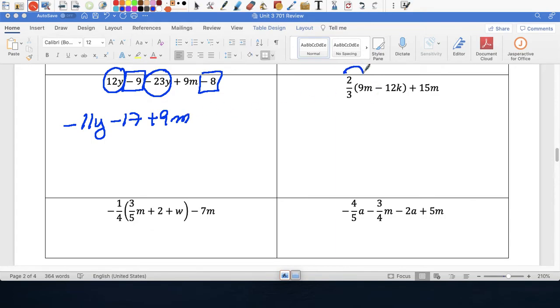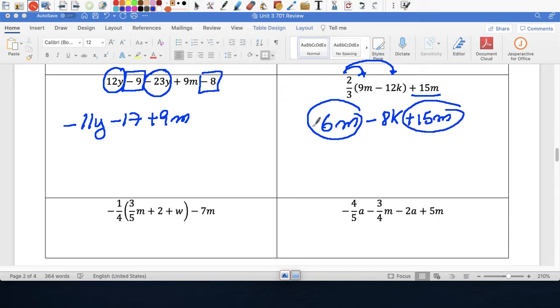Distributive property here. 2/3 times 9 is going to be 6m. 2/3 times negative 12 is going to be 8k, and then plus 15m. Can I combine anything? Yeah, we can combine this one and this one. Positive 6 and positive 15 is 21m minus 8k.